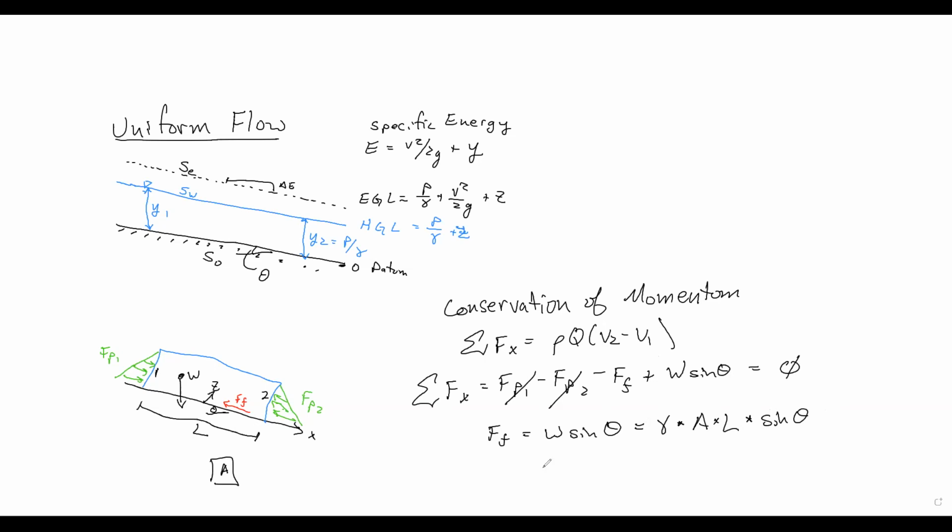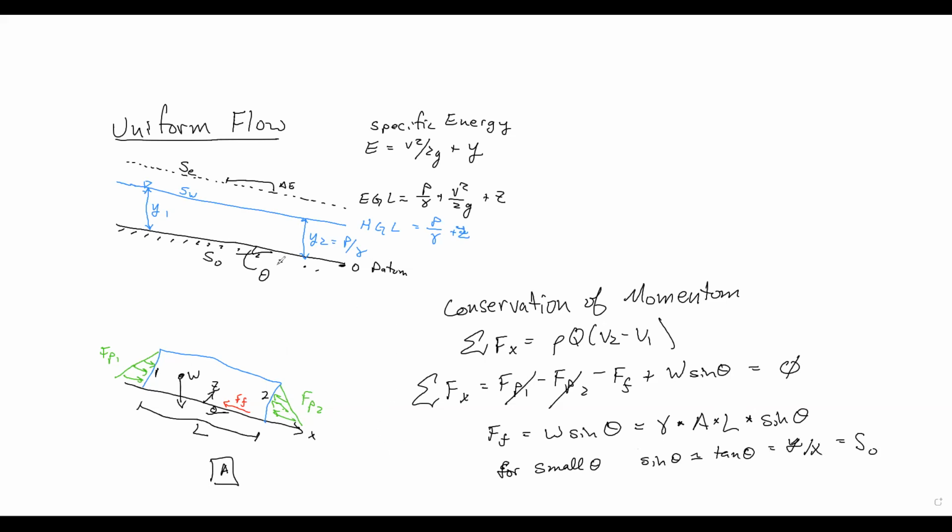And for small theta, sine of theta is approximately tangent of theta, which is equal to y over x, sorry, which is equal to our slope.